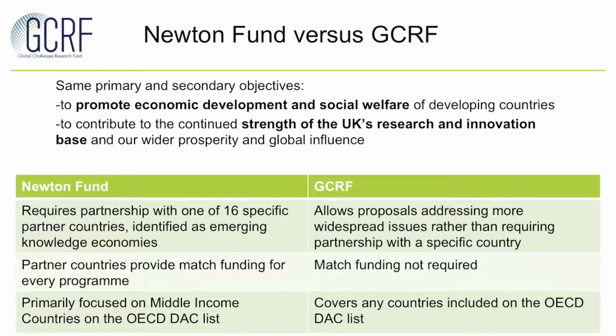This requires partnership with one of 16 specific partner countries who are identified as emerging knowledge communities with the resources required to deliver joint match fund programmes. As such, this is primarily focused on middle income countries who have that inevitable resource cost to contribute.